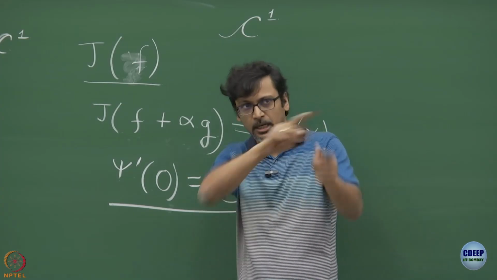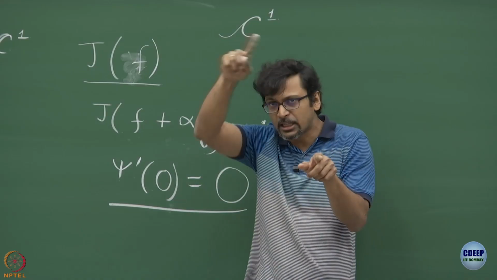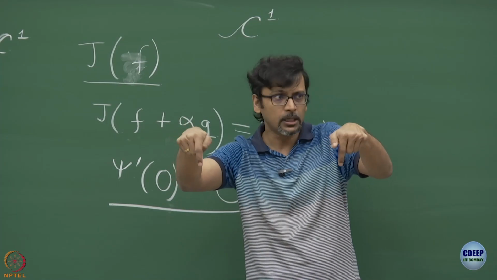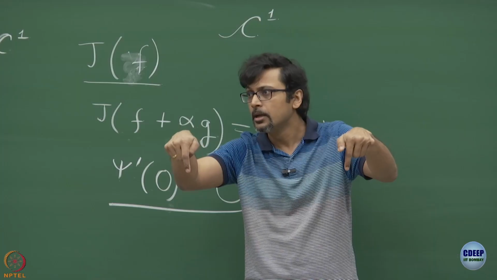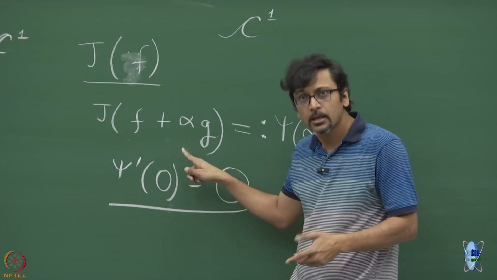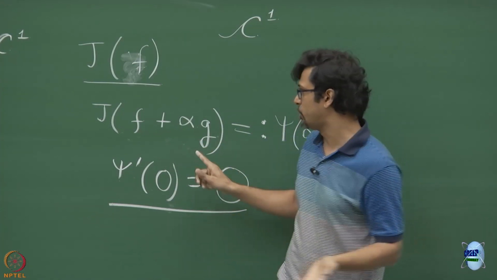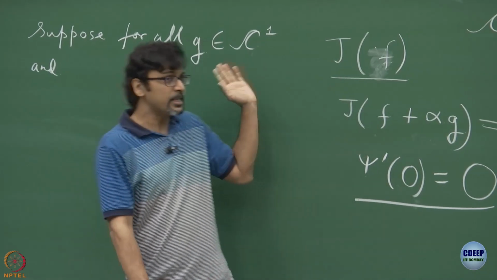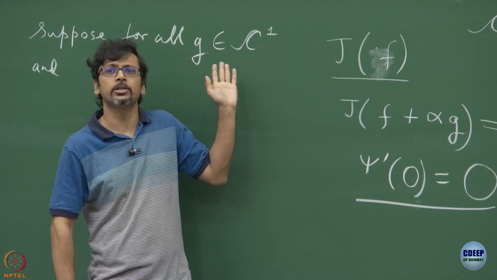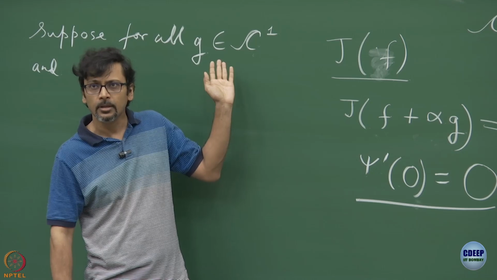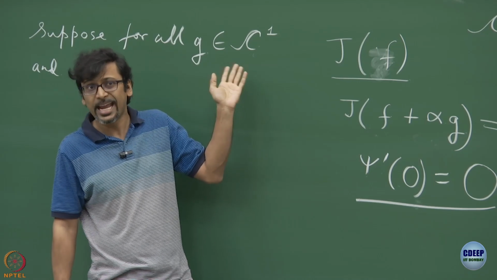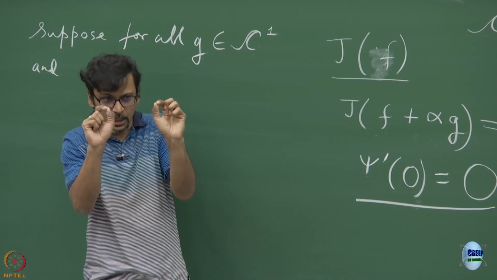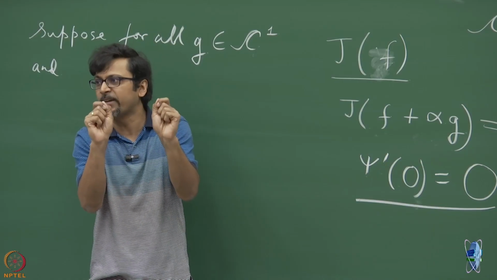At the other points, the curve can vary within the interval a to b, but at the points a and b, the perturbed curve and the actual curve must agree, and therefore g(a) and g(b) must be equal to 0. So g, apart from being this continuously differentiable function, implicitly it is understood that at a and b, g vanishes. There is no perturbation because the terminal points are sacrosanct, they are fixed.